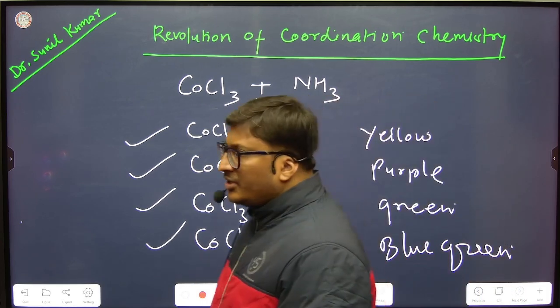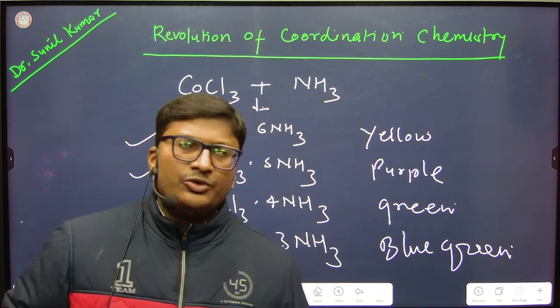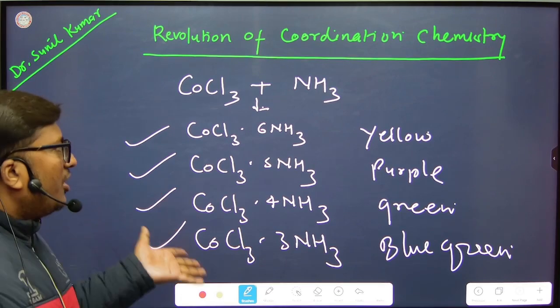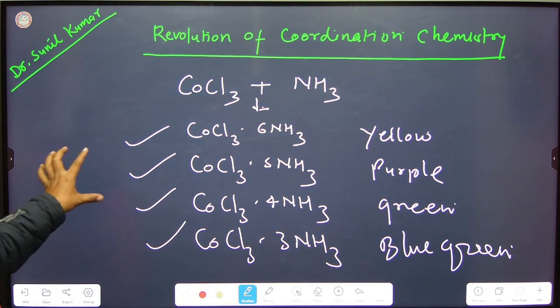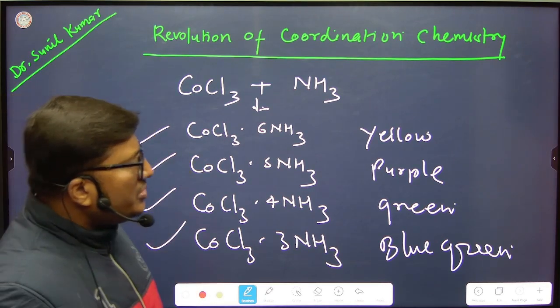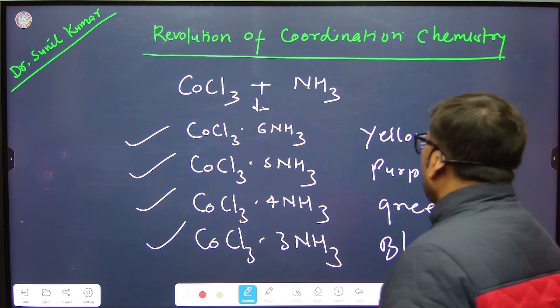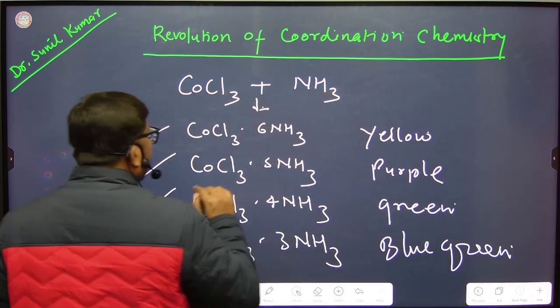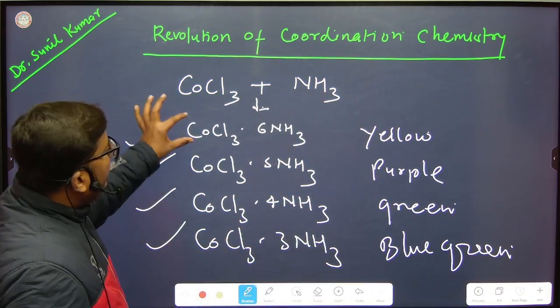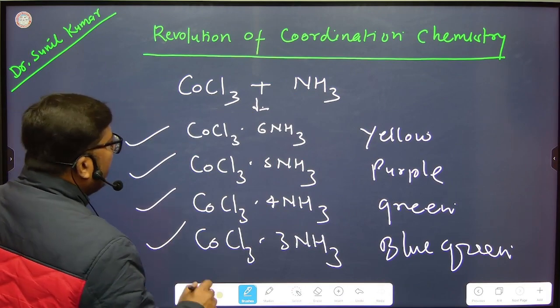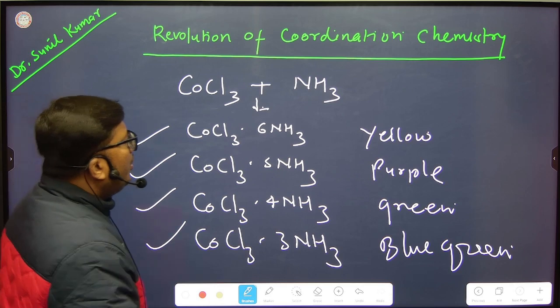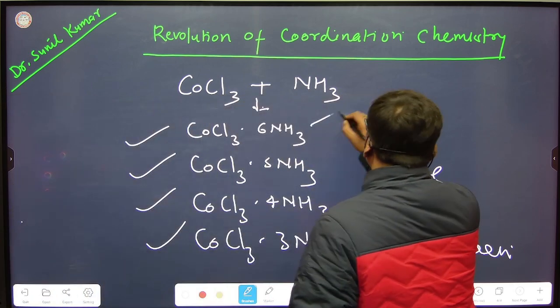So because of the color variations, they got four compounds in different colors. Okay, so in the first chemical adduct, he has established a formula like that.